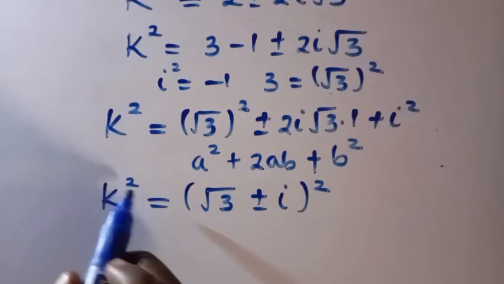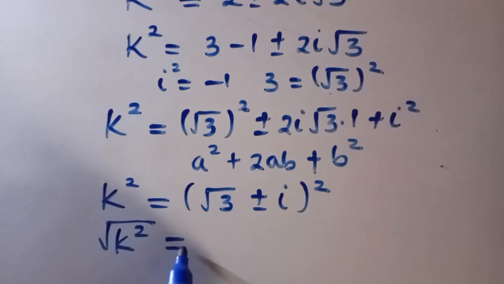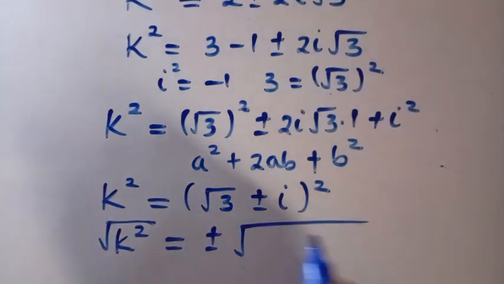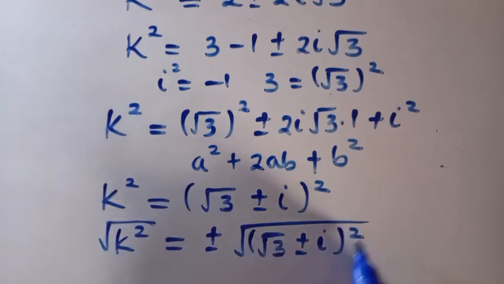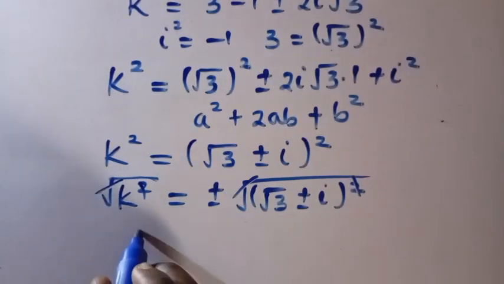Then let's take the square root of both sides. So we have k squared in square root, and we take the square root of this side, we are going to have plus or minus square root of root 3 plus or minus i raised to the power of 2. So this square and square root cancel.